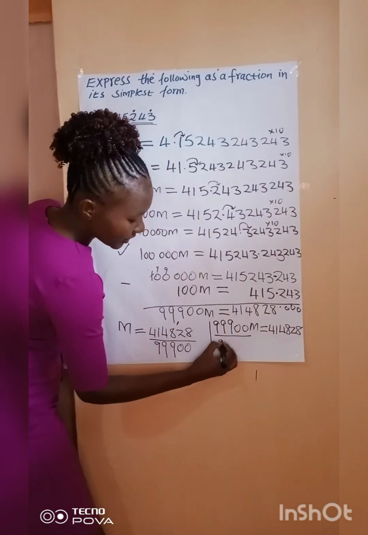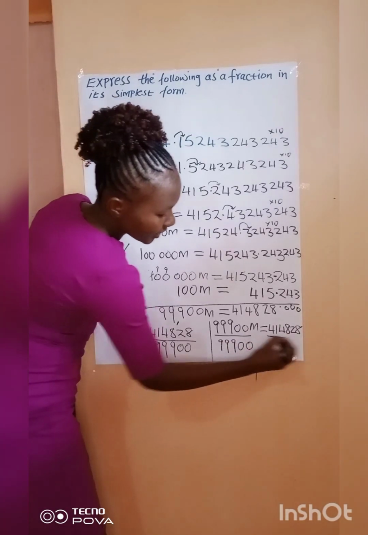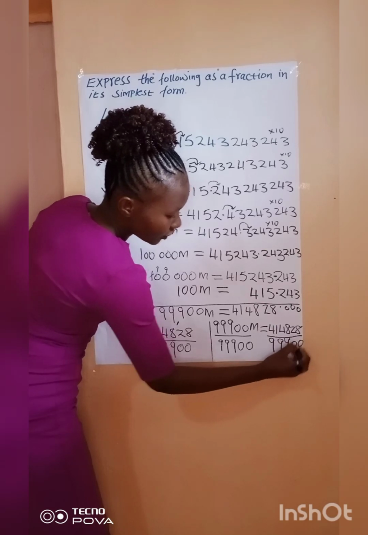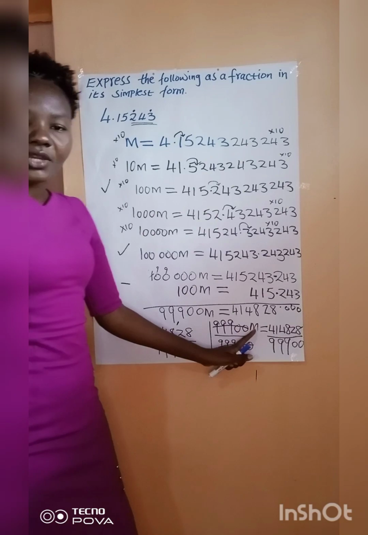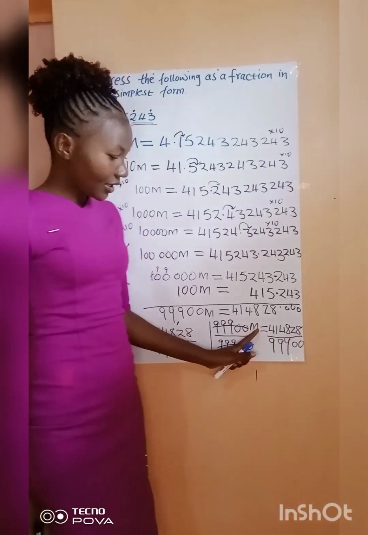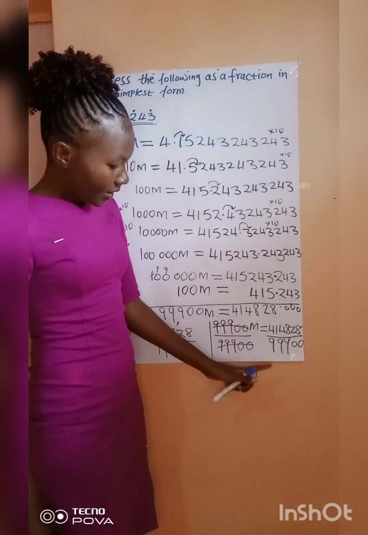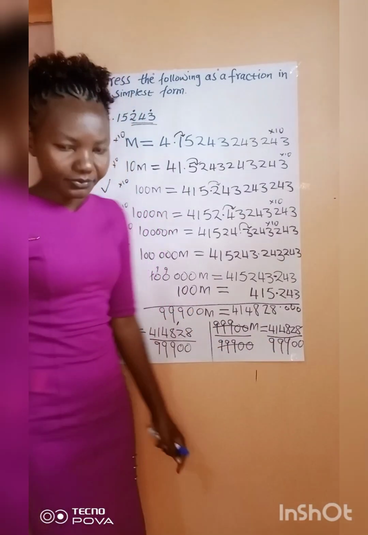So I've divided this end by 99900, then this other side by 99900, so that I can cancel this one and this one, and then remain with m on this side, which is equivalent to 414,828 divided by 99,900.